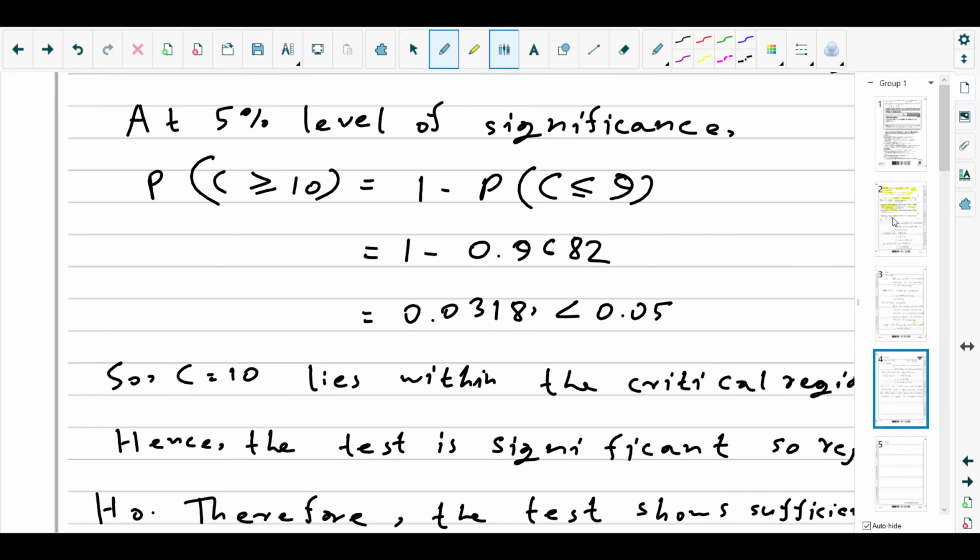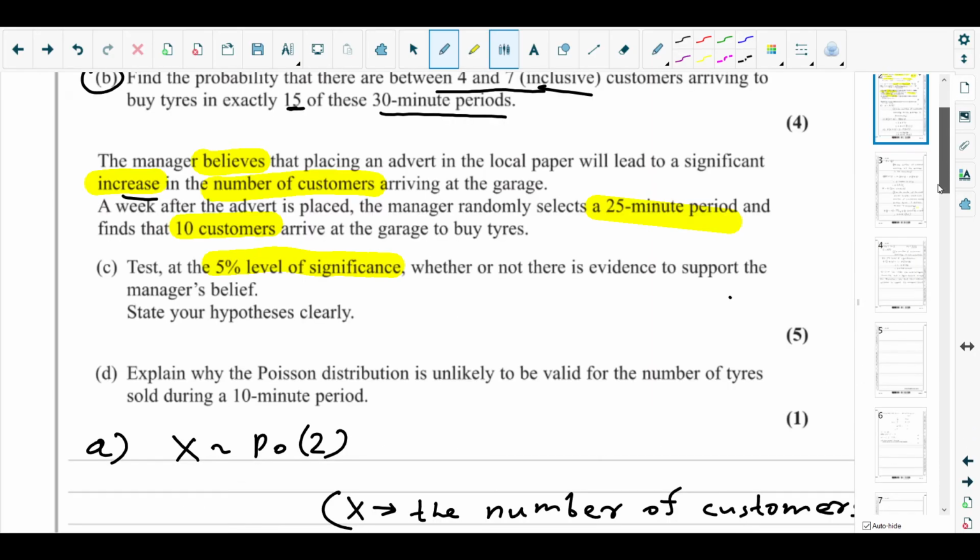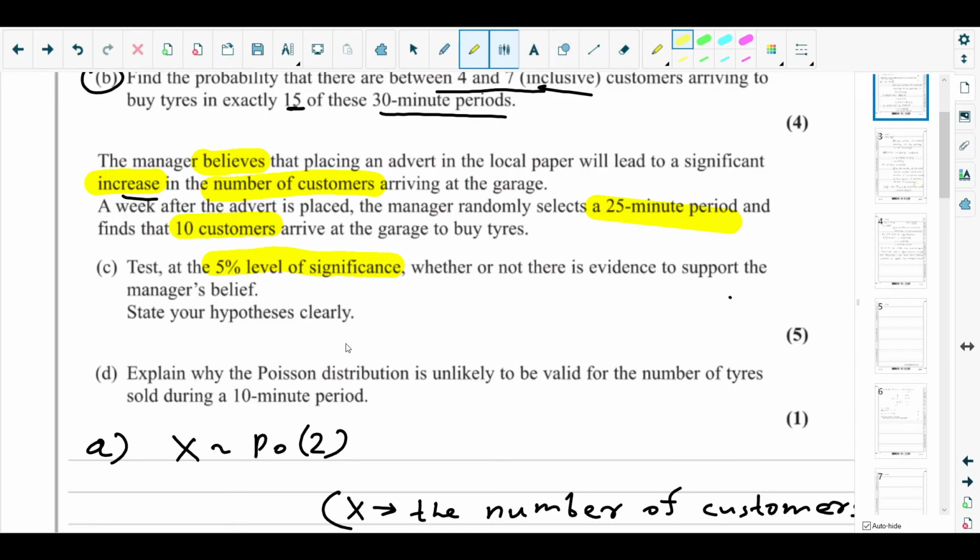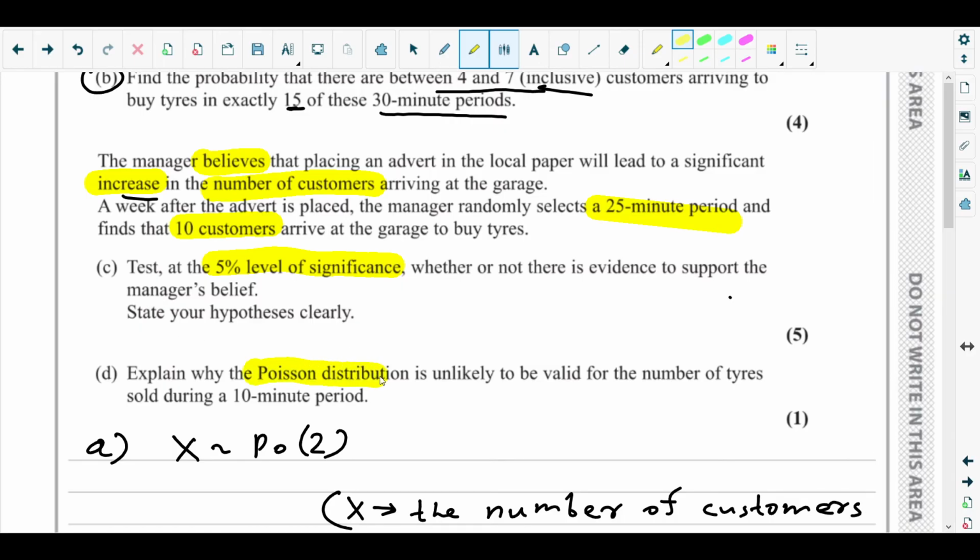Okay, now the last part, that is part D. What have they asked in part D? In part D they said explain why the Poisson distribution is unlikely to be valid for the number of tires sold during a 10-minute period.